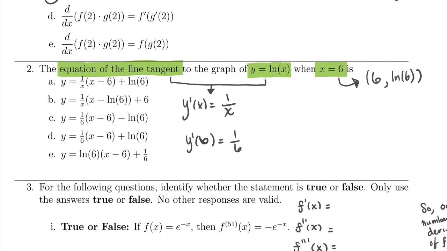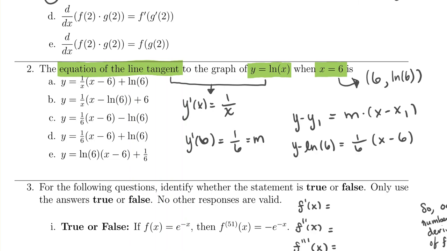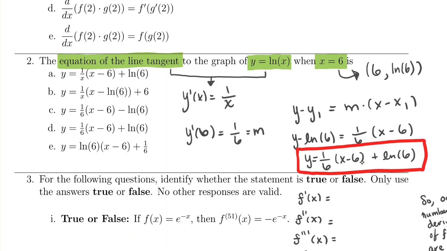So we get the slope of the equation of the tangent line is 1/6. Then we use the point slope formula for a line. Algebraically solving to get y by itself, we would find this is our final answer. Looking at our answer choices, we see that D is the correct answer.